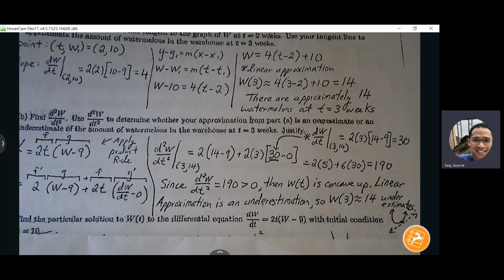Okay, solving the differential equation. dw/dt equals 2t(w minus 9). I'm going to cross multiply, force the 1 below my second term, cross multiply there.